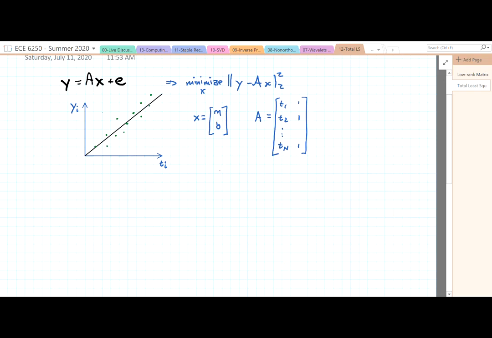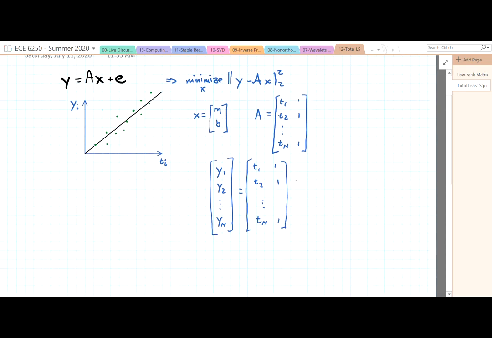And therefore, y1, y2 up to yn would be equal to T1, 1, T2, 1 to Tn, 1 times slope plus y-intercept plus error in this term.